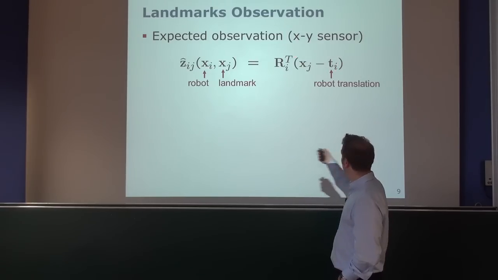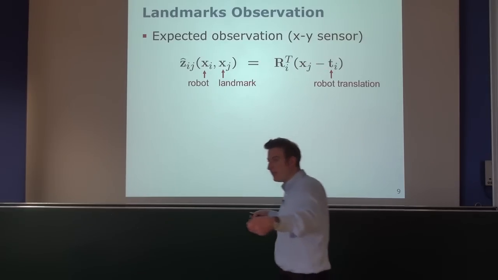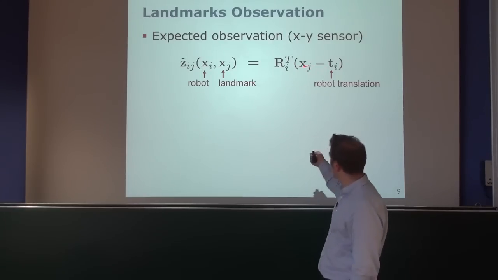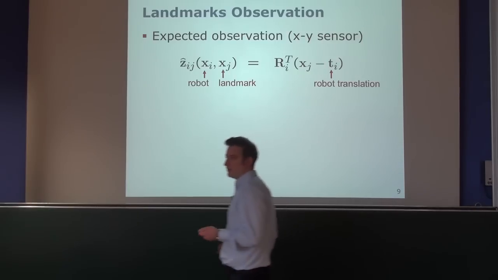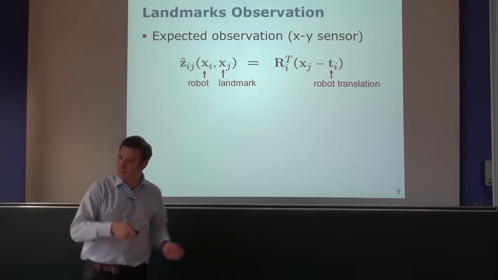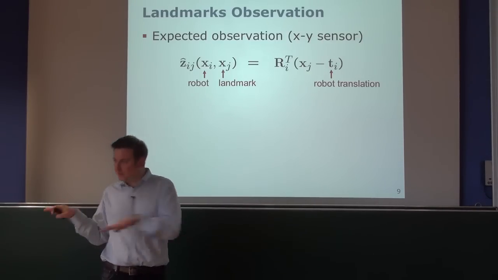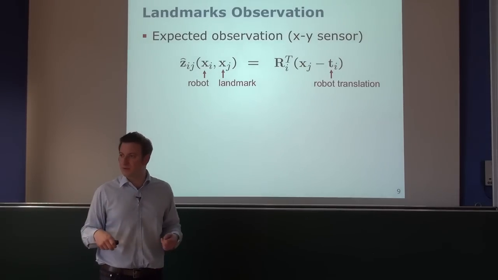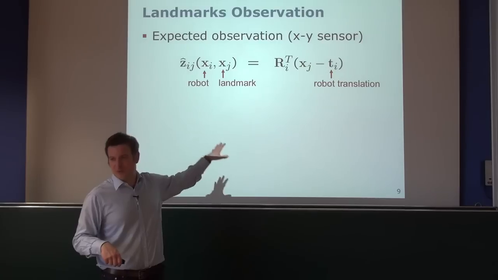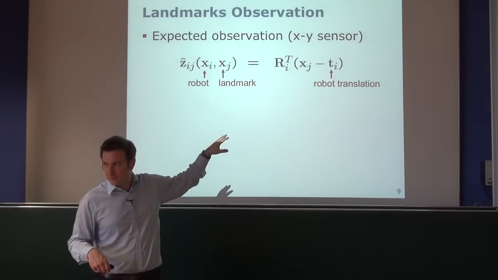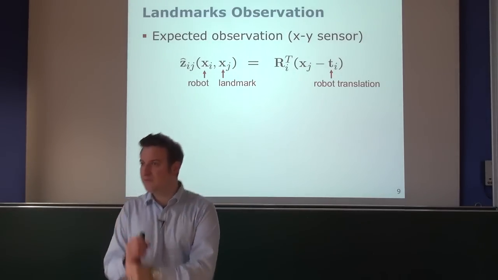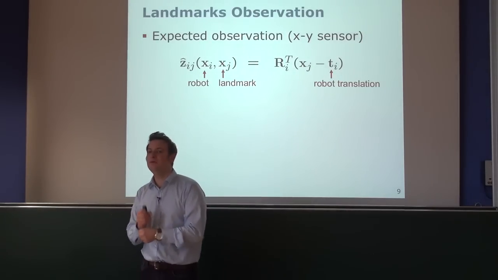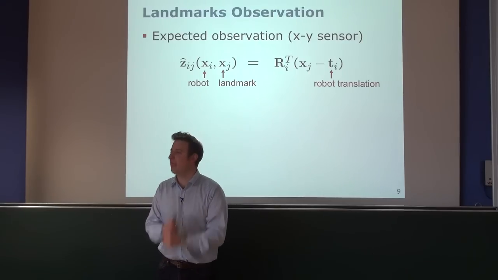And this is the orientation. So this just says what the delta x, delta y is in the global reference frame, and then rotated into the orientation of the robot. So if the robot is rotated 90 degrees to the left, you need to rotate that from looking forward to looking sidewards, or the other way around. So this is the expected observation. We perform this operation, given a graph configuration, to compute what the robot is expected to measure.